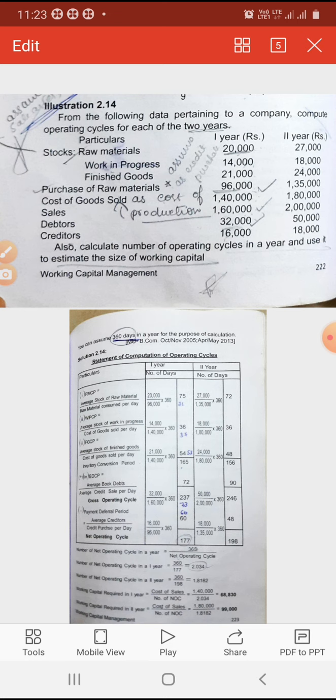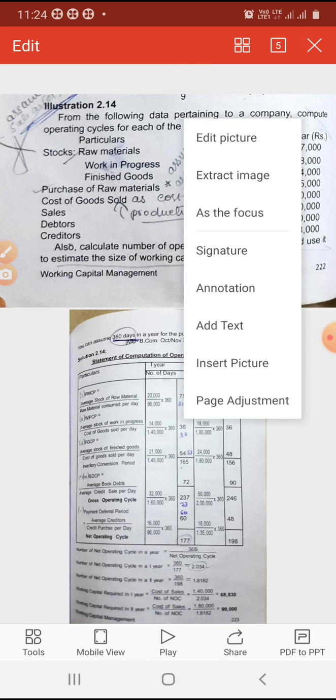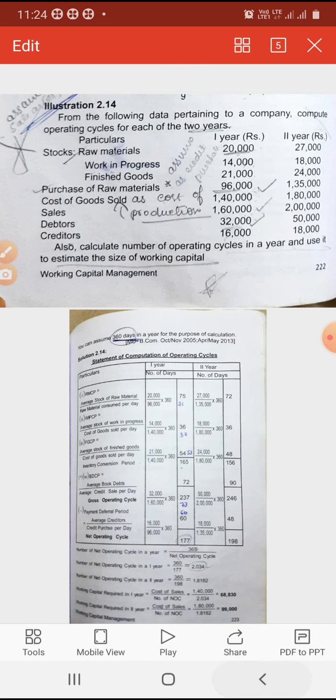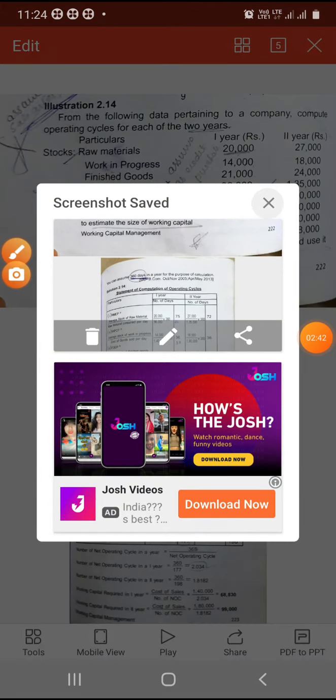Why are we multiplying by 360 here? Because in this problem they have given the information for a year, and when it is for the year, you have to multiply with 360. So you will get 75, and 27,000 divided by 1,35,000 into 360 is 72.